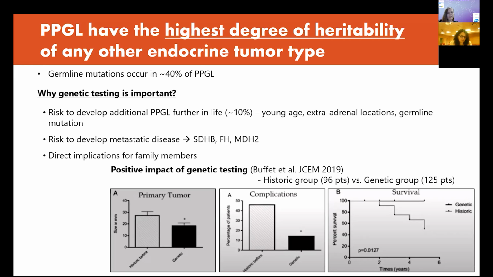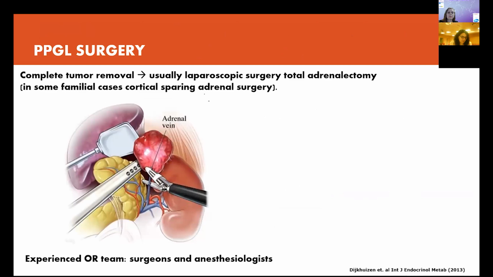And you can see that the patients in the genetic group have a smaller primary tumor. Smaller means easier to treat, to cure, to resect. The complication rate was also much smaller in the genetic group. And of course, the most important thing is the survival of the patients that were diagnosed earlier through the genetic testing was impacted.